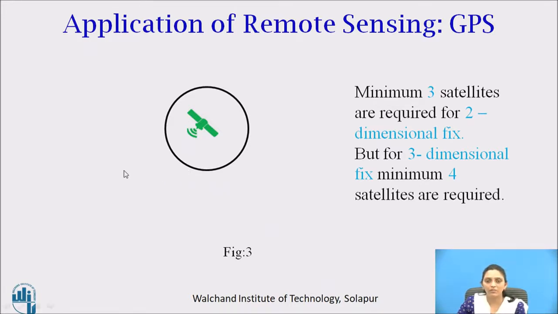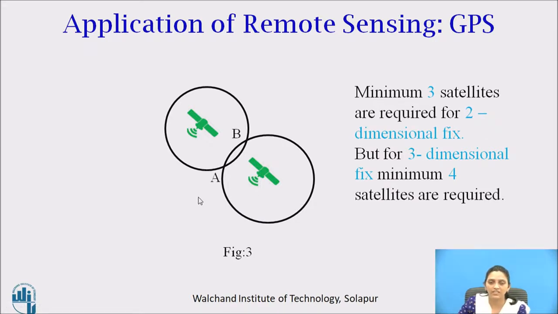So there must be a second satellite. With the help of the second satellite, some information regarding distance is generated. So see here, there are two common points of the first information and the second information. Say the first point is A and the second point is B. Means the object may be at position A or B. So there are two possibilities.